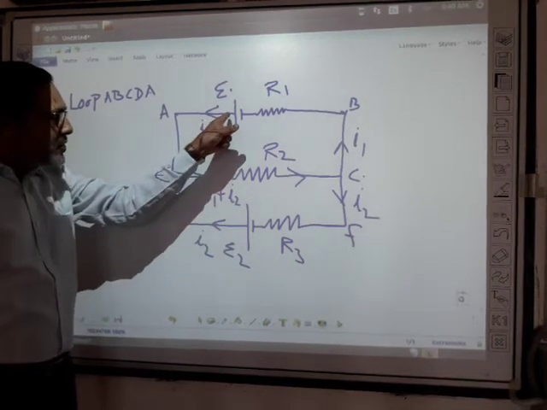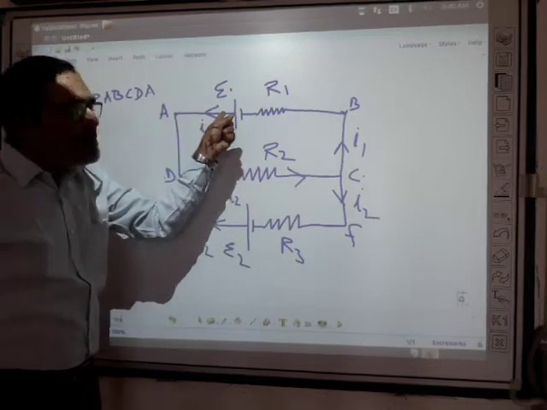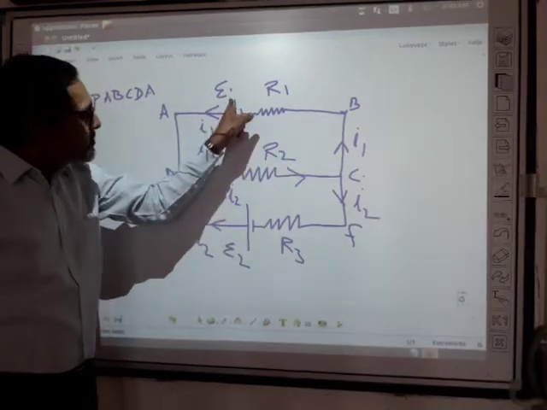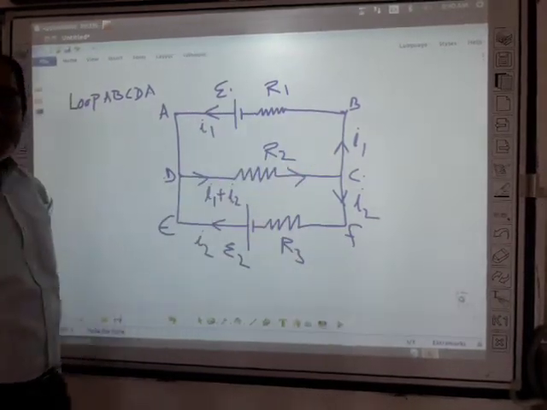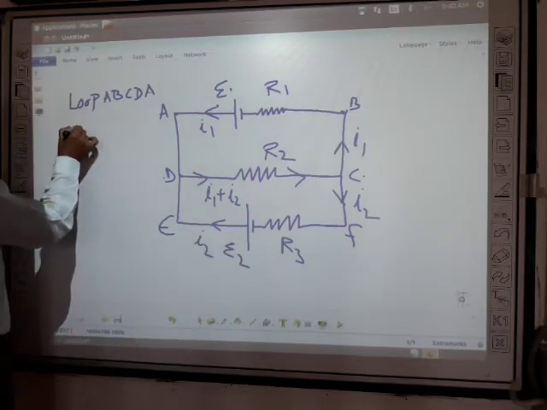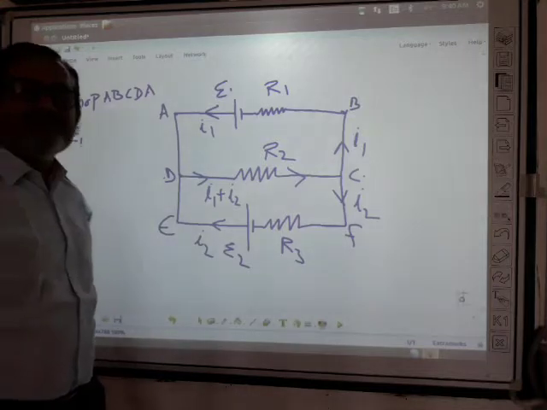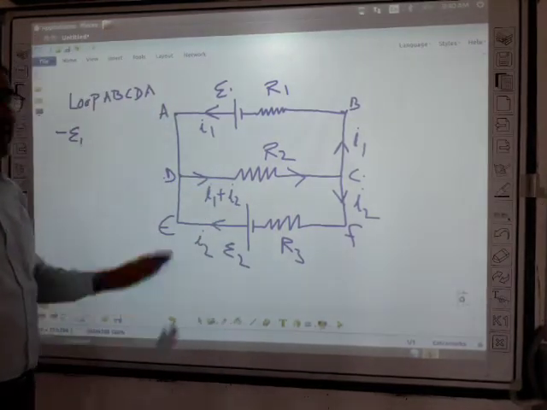The current is flowing from the cell from B to A, but we move from A to B, means positive to negative. Clear? Then the EMF should be taken as negative.